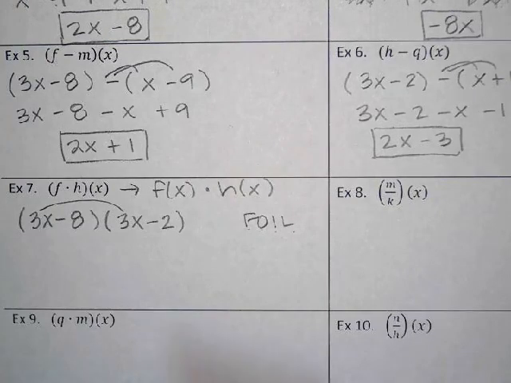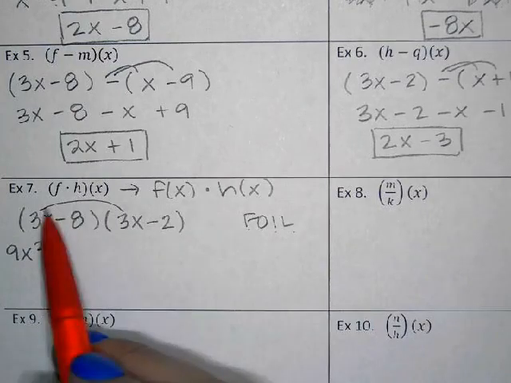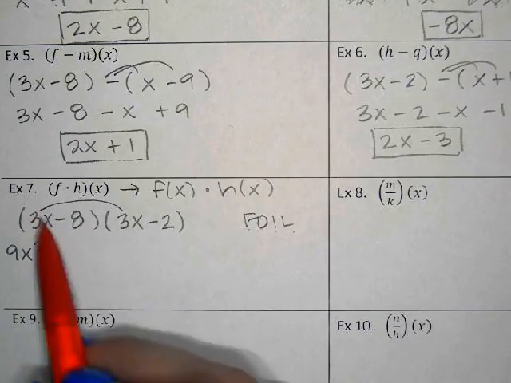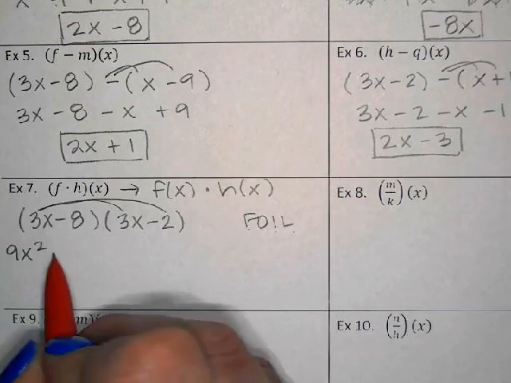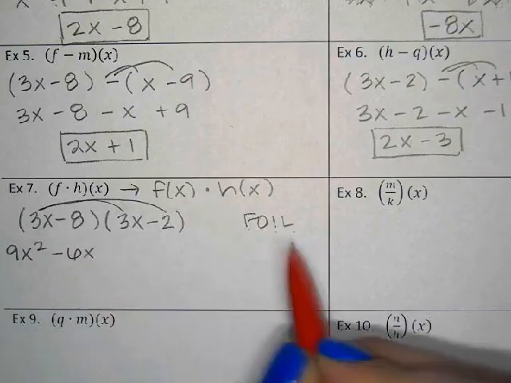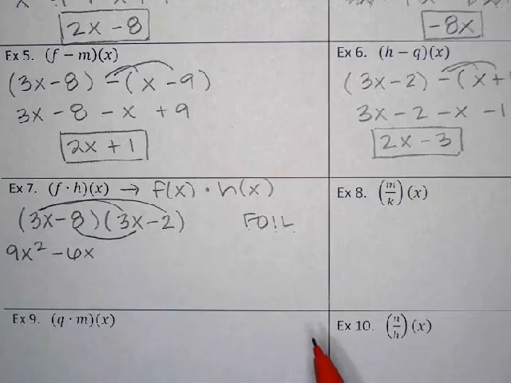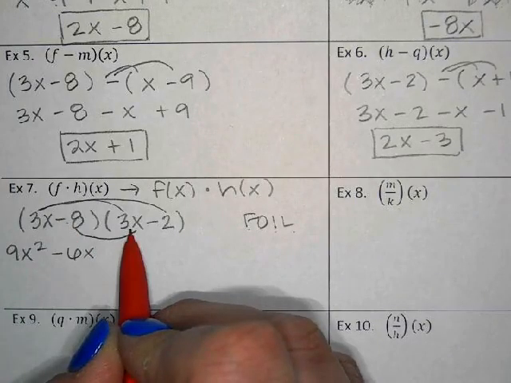And then the O is the first one times the last one, so this is the outsides. 3x times negative 2. What's 3x times negative 2? Negative 6x, okay. Then the inside, so this one times this one, the insides. And it's a negative times a positive. So we're going to have negative 24x.